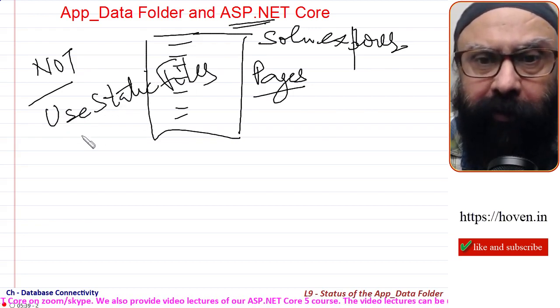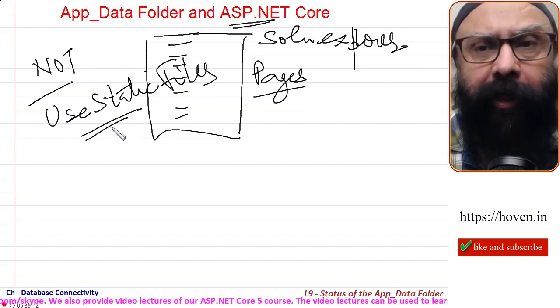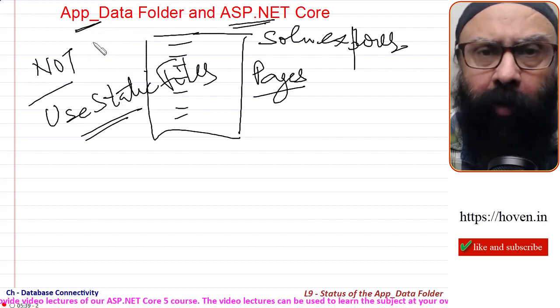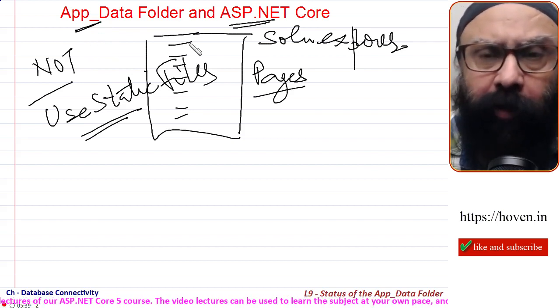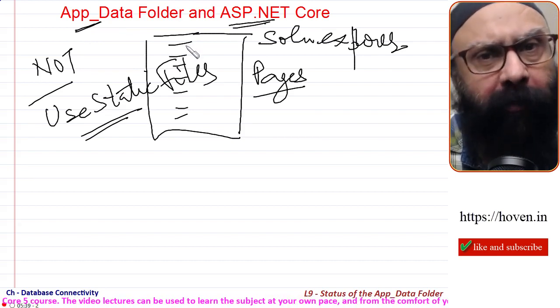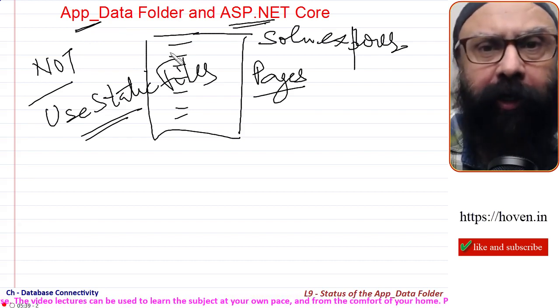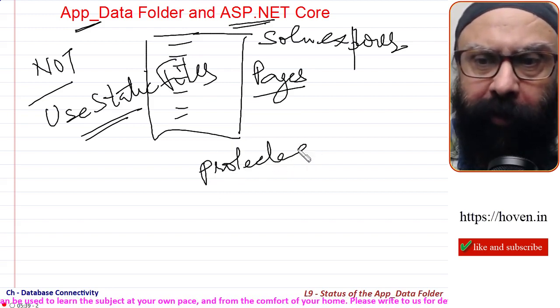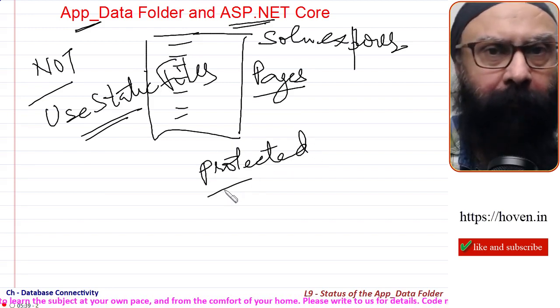So this means that by default, if you create any folder, whether named app_data or any other name, in the root directory of your project, then that folder is already protected. Every folder is protected by default.